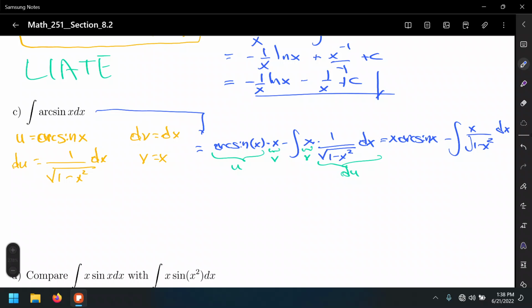Alright, so the first term, x arcsine x, we're done. Let's look at the remaining integral. Any ideas on how to evaluate that integral?